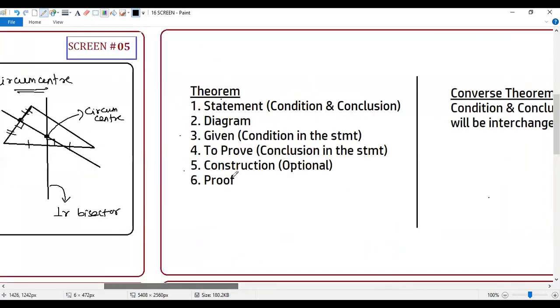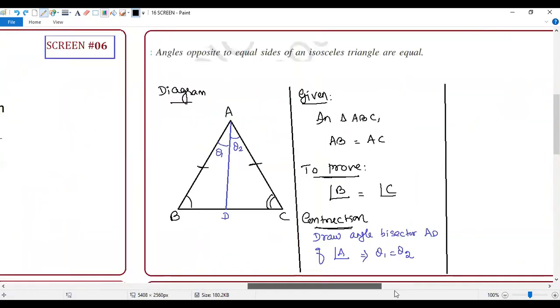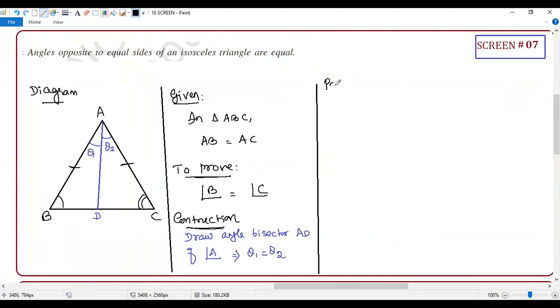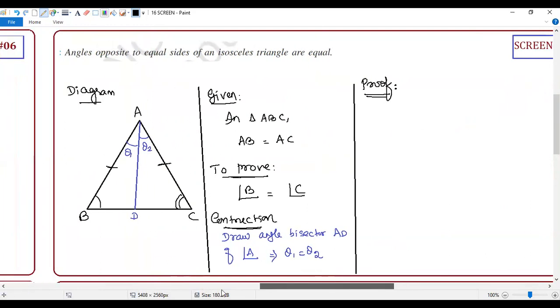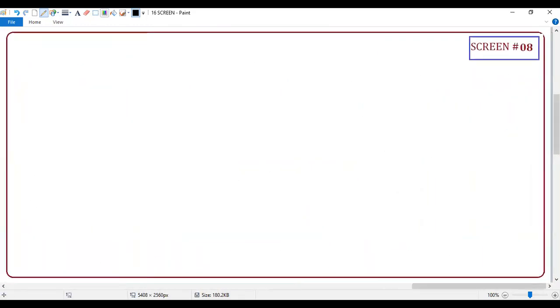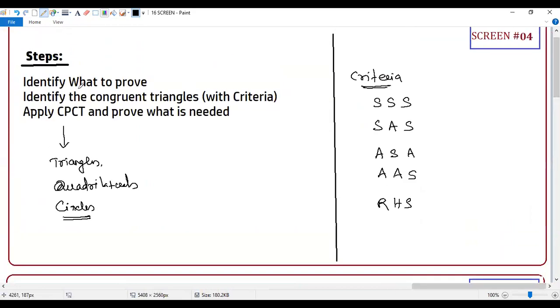What is the last heading? Proof. I told you, if I want to prove anything, what are the standard steps? Identify what to prove. Identify which two triangles are congruent, according to which criteria, and apply CPCT. Prove what is needed. That's all.